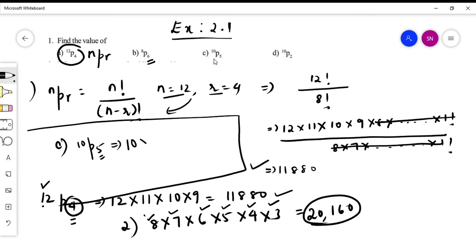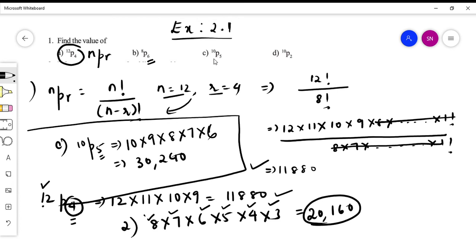So 10, 9, 8, 7, 6. Okay, so since the suffix is 5, my answer would be 10 into 9 into 8 into 7 into 6, which is equal to 30,240. Okay, I hope it is clear.